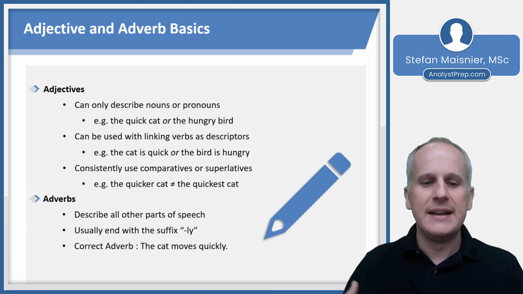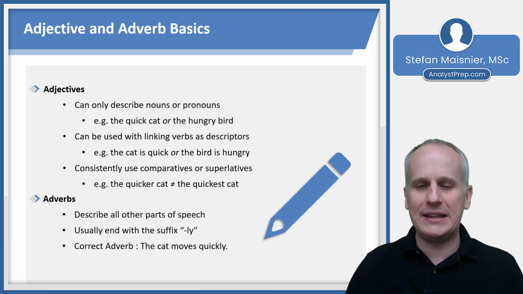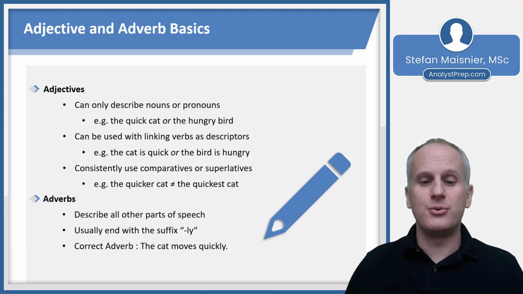So a correct adverb usage would be the cat moves quickly, because we are describing the action that the cat performs of moves. So you say quickly because that is a descriptor for the action, and that action is a verb.